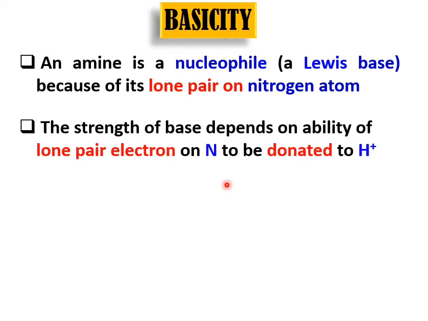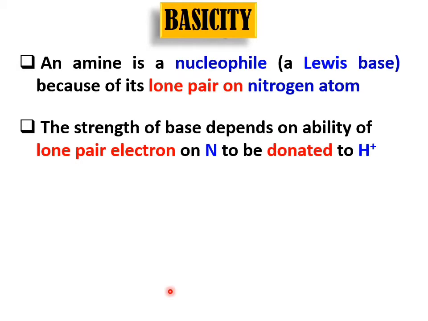Okay, so the strength of base here must depend on the ability of the lone pair electron on the nitrogen atom. Before this, in carboxylic acid, the acidity depends on the H plus ion formed. The more H plus ion formed, the easier it is to release H plus, the higher the acidity of carboxylic acid and alcohol. But in amine, it depends on the strength of the lone pair on nitrogen.